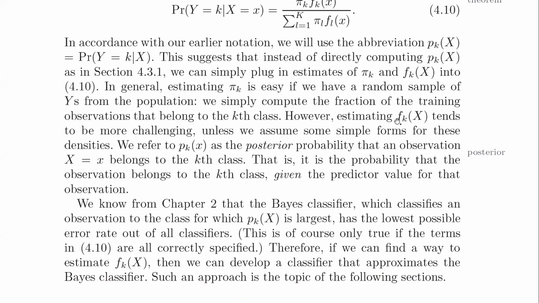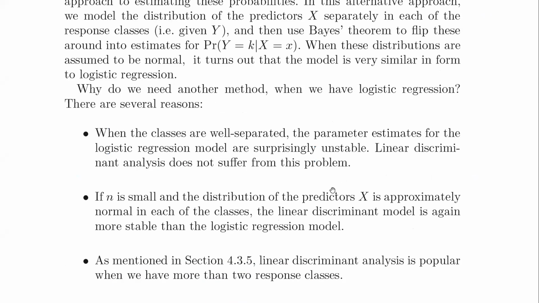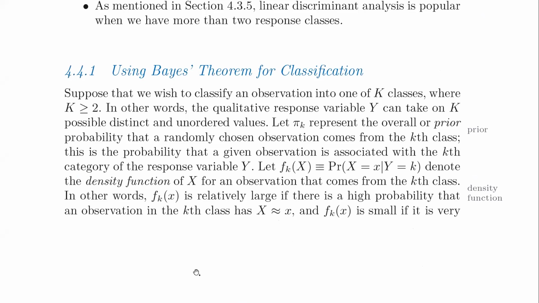However, estimating f k of x tends to be more challenging unless we assume some simple forms for these densities. So apparently this is going to be the challenging part, the f k.